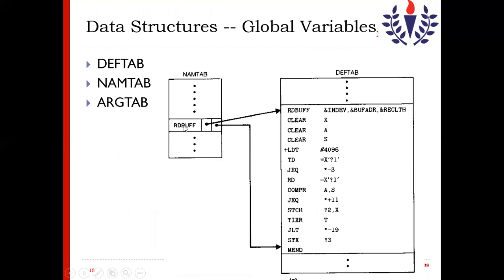So this is how expansion is done. First, the name will come in the program, its definition will be checked, and that definition will be replaced with the name. So, expanding.